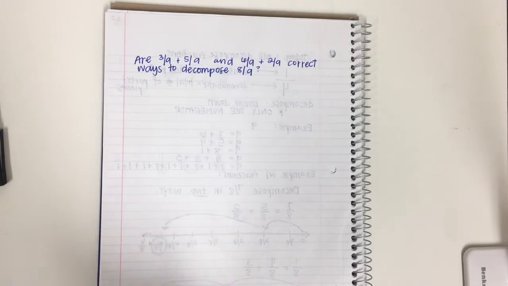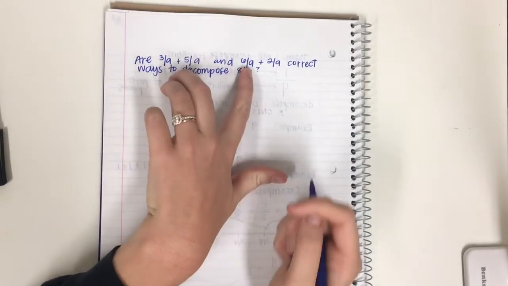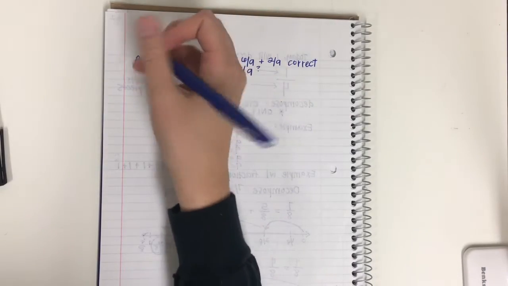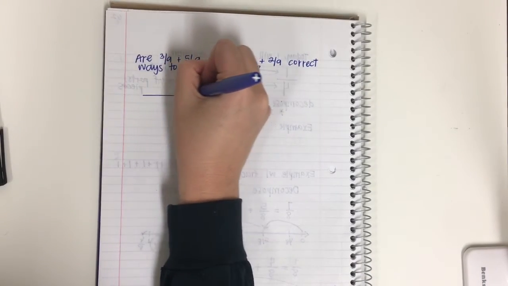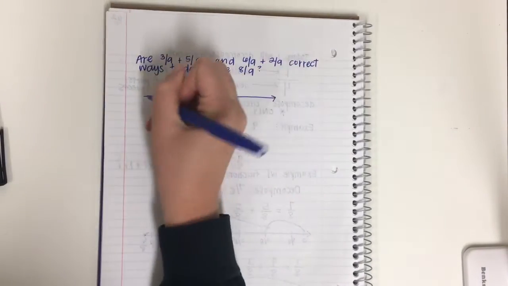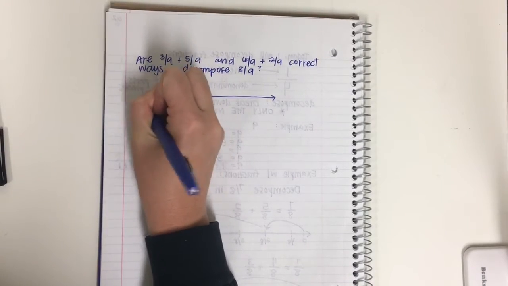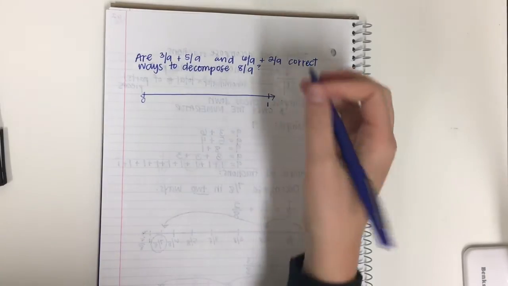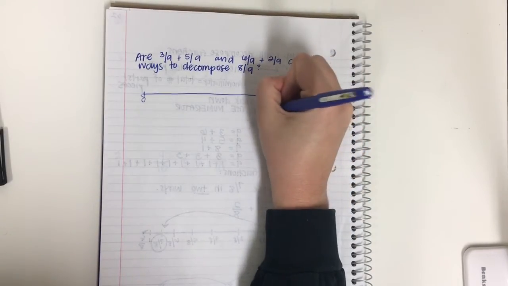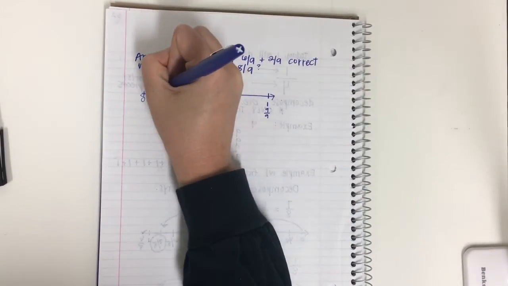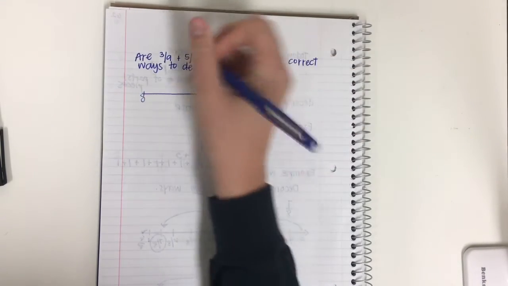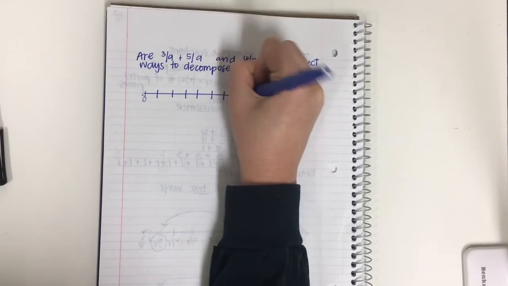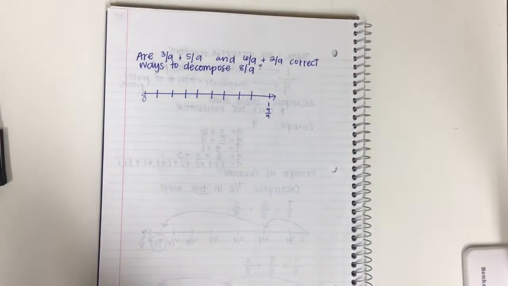Okay, let's see. So they gave us 2, and they want to see if that's correct. So let's draw a number line and see. I'm going to do my first one. So I got a 0 and I got a 1. Okay. I have 9 parts, so my 9th is going to be over here. So I need 9 parts. So 1, 2, 3, 4, 5, 6, 7, 8, 9.